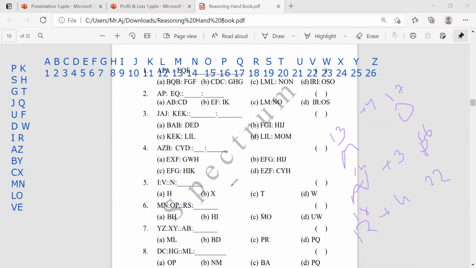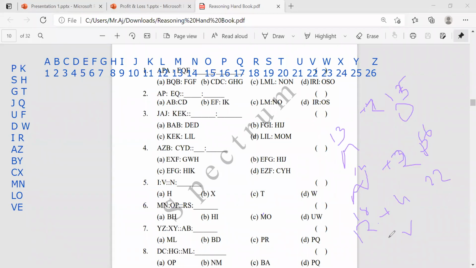What's the 22 here? 22 number, U. No, V actually. Sorry, O is 15, right? I'm sorry, O is 15. I just counted for Q, I think. It is 2, right? It is 14 plus 16, it is also 2.